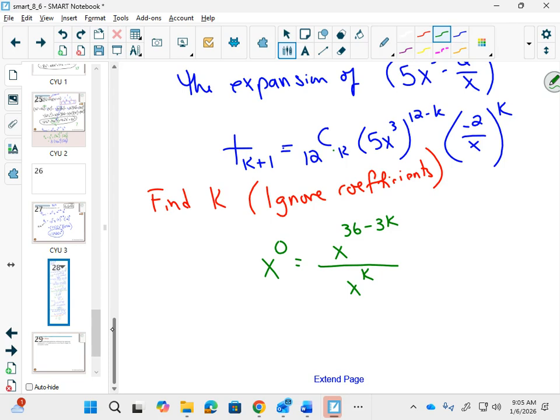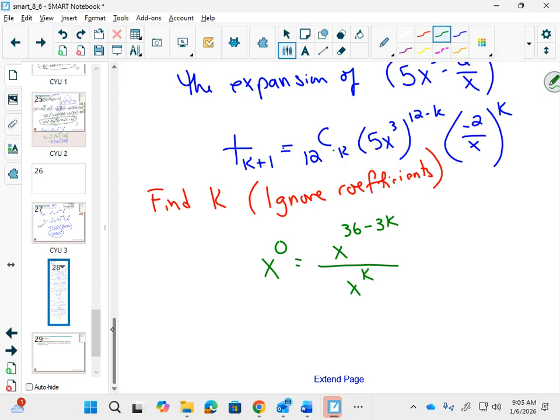It isn't. In fact, one strategy people sometimes use is to just guess one. What would happen if k is 5? Do you see that this would be x to the 21, and the bottom would be x to the 5, leaving you with x to the 16? Obviously, k has to be bigger than that.